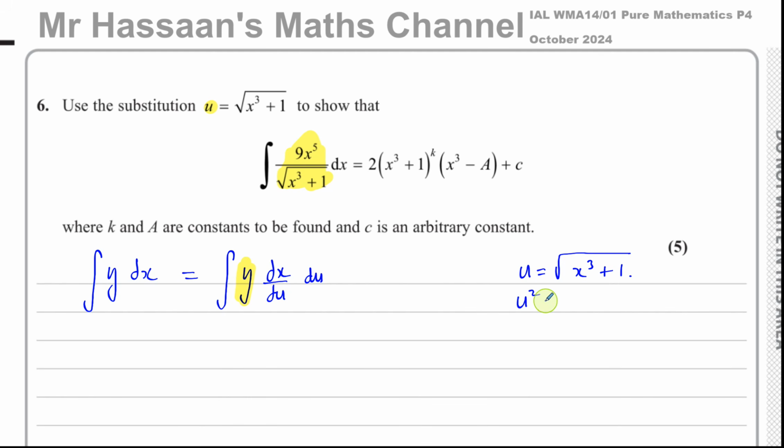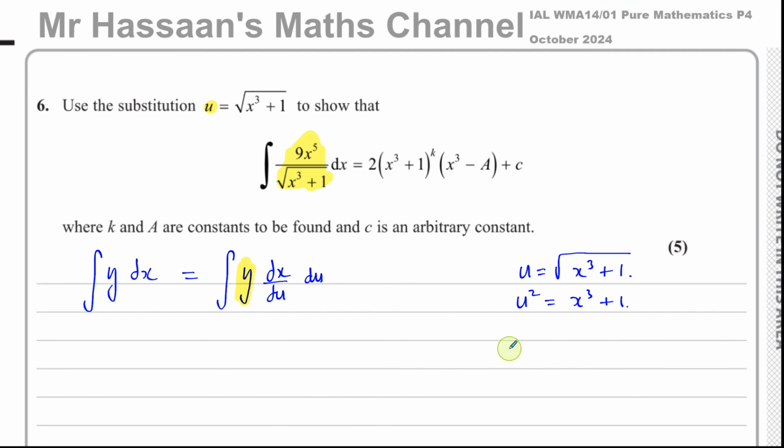This will be u squared equals x cubed plus 1. Subtract 1 from both sides, and I'm left with x cubed equal to u squared minus 1. Then I want to find dx/du. The easiest thing to do is to find du/dx.